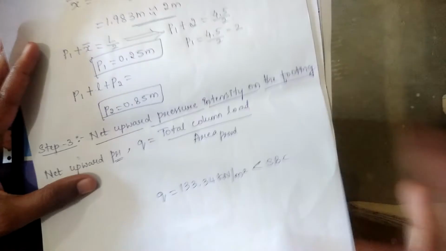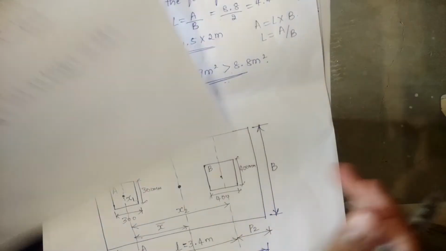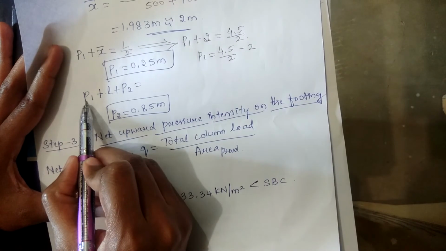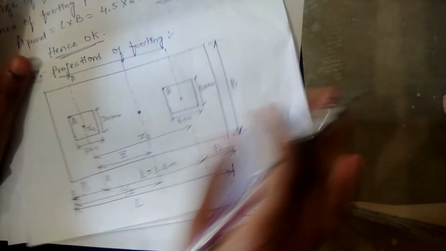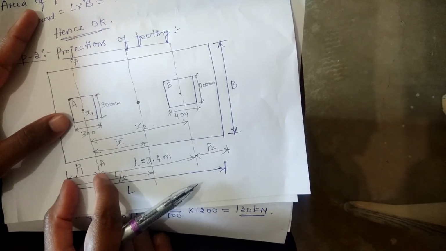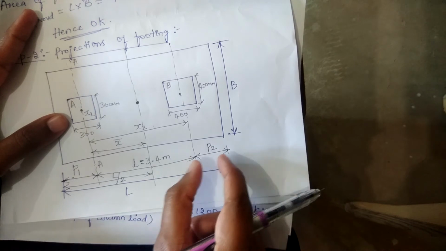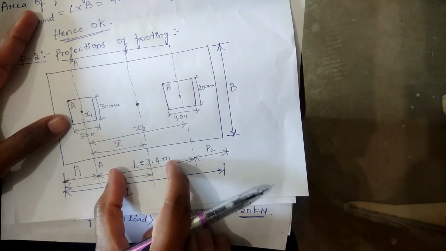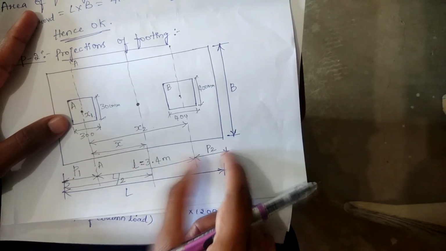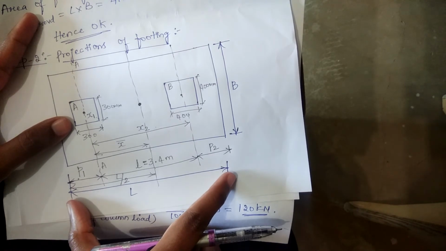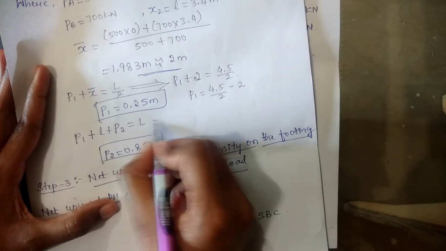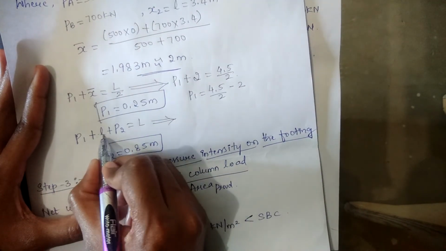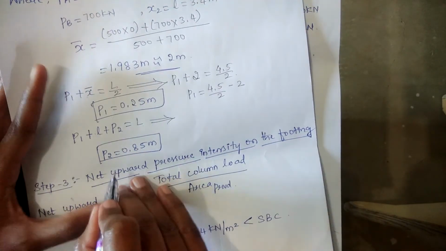Similarly, we need to find the second projection P2. For finding that, I am taking P1 plus small l plus P2 is equal to. See, now I am adding the distance P1 with l with P2. On adding these three distances, what do we get? We will get the total distance L. Hence, you equate this with the capital L and substitute the values of P1, small l and capital L in the next step.